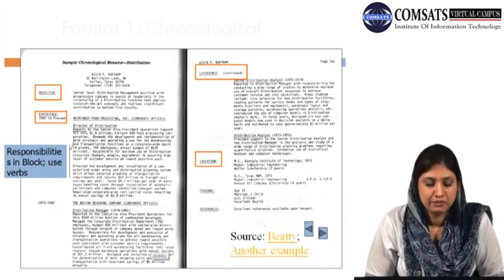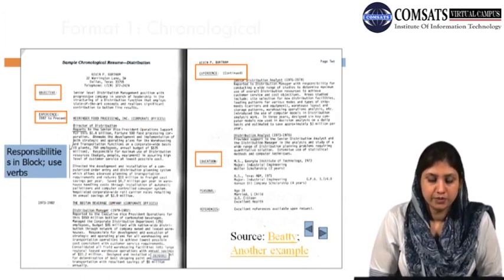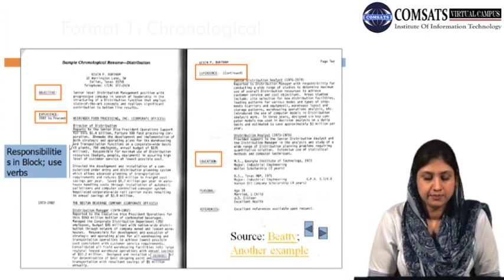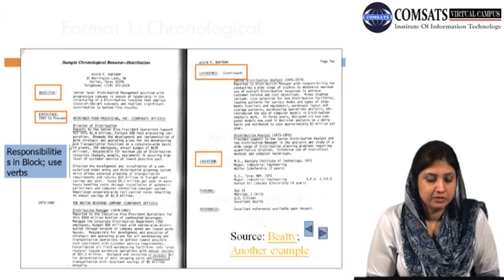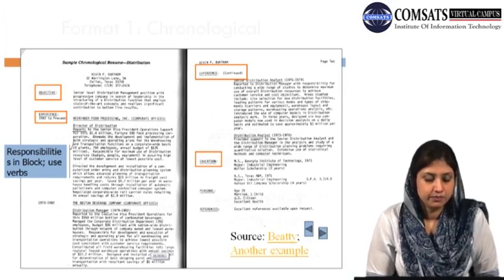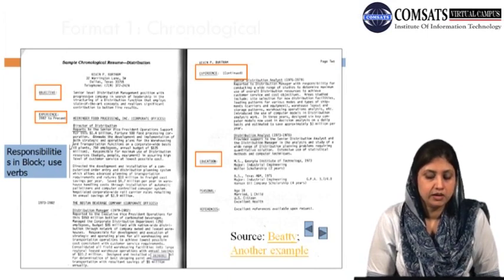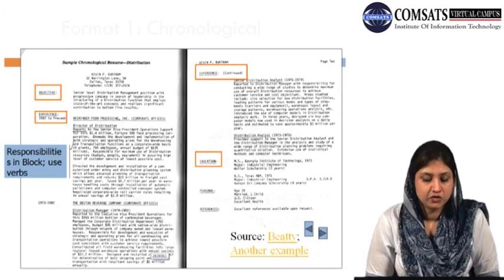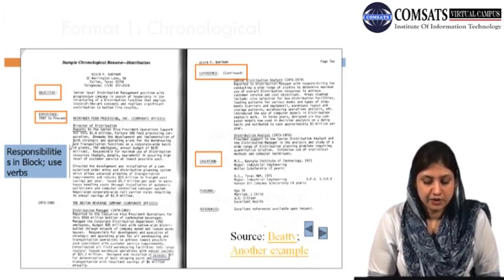First example that you have is of chronological resume. All right. Look clearly how the objective is mentioned, how the experience section is given, how the education is mentioned, then your personal detail and references.